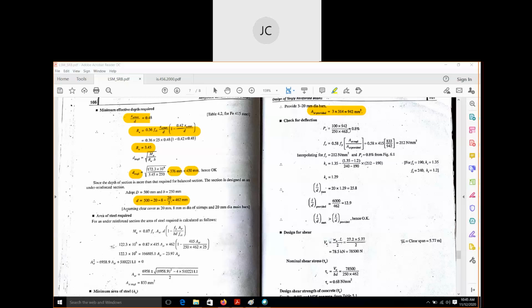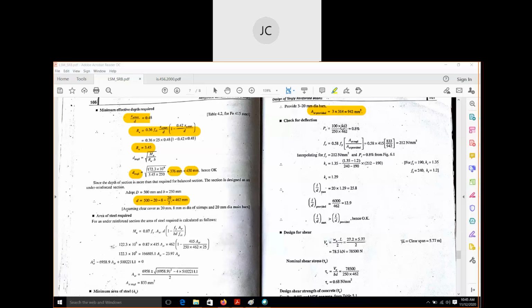pt is the percentage of tension reinforcement, 100 Ast divided by b into d. All the values, you can see, we are using the provided values, not the required values. This 942 is the provided Ast. This 462 is also the provided, and this 250 is also the provided width.